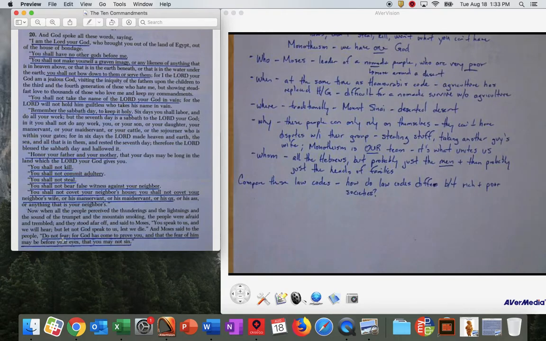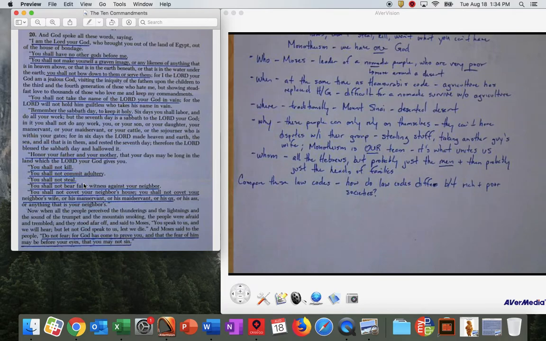Well, one similarity that seems to be staring us right in the face is that they're both very patriarchal. One difference we could say is that the Hebrews are very general in their laws. Don't kill people. Don't lie.